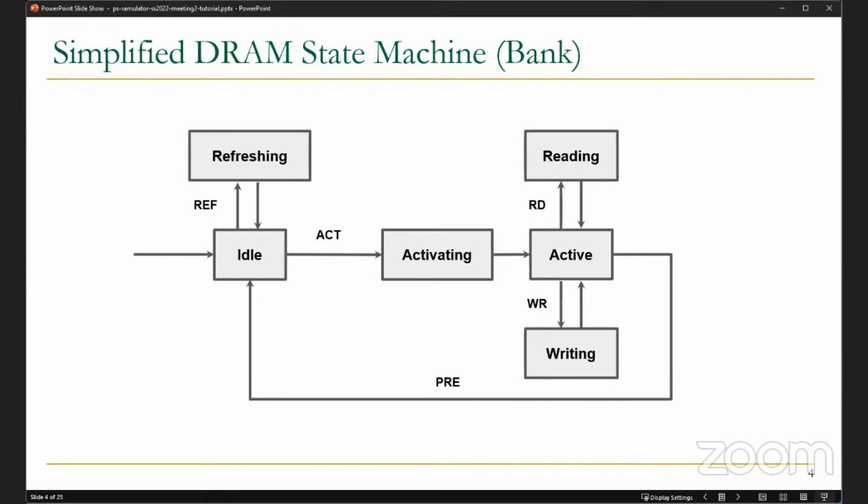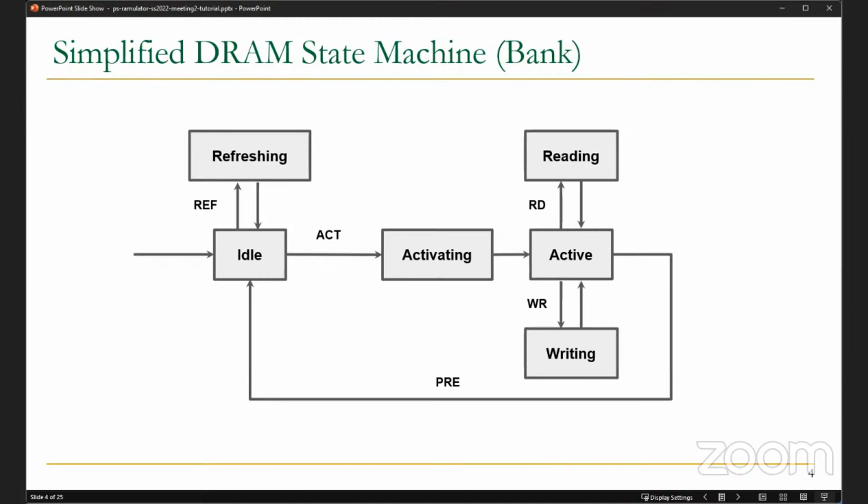And in commercial DRAMs, the handling of the commands and how the internal timings of the DRAM operation are operated are also handled by finite state machines. So here we present a simplified DRAM state machine at the bank level that covers the most common operations and states that a DRAM device can undergo.